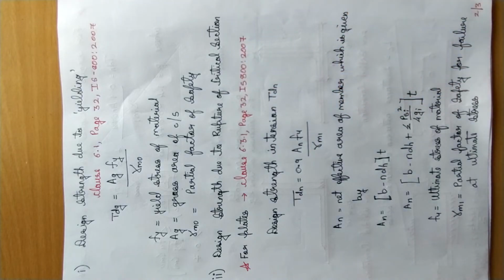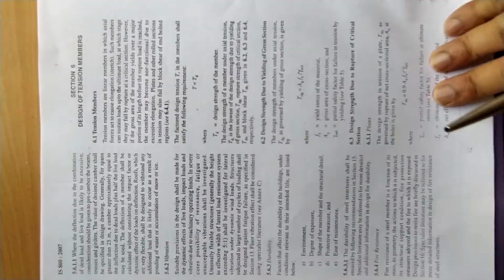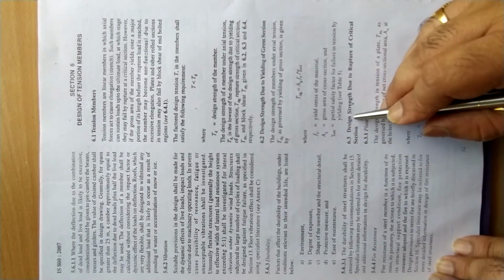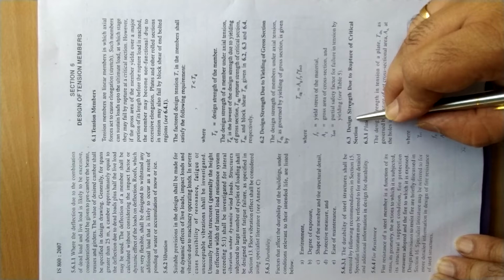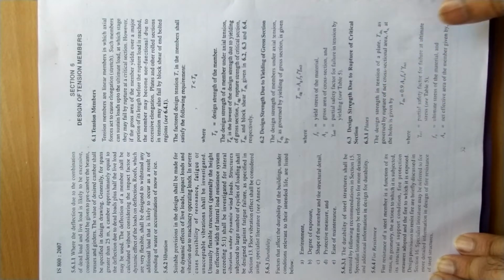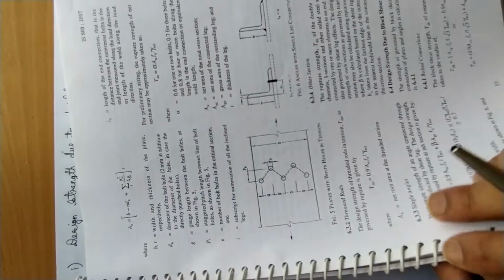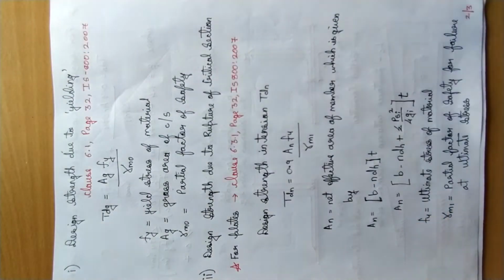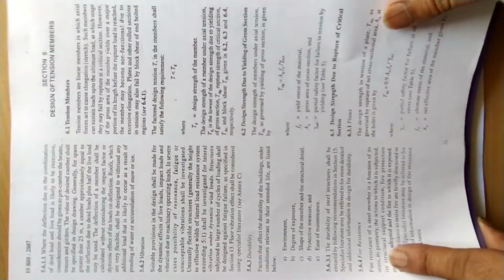Let us see in the code book. This is given on page number 32. Here we have design strength due to the rupture of critical section. This is for two components, one for plates and the other for angles. We have two different formulas, one for the connection of plates and one for the connection between the angle and the plate.